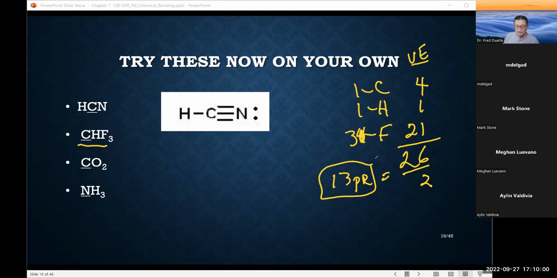The central atom is carbon, so we can put carbon, and then we have the hydrogen and 3 fluorines quickly attached to it, okay? So we can quickly draw 4 lines and put the fluorines and the hydrogen there. So that takes care of 4 bonds.